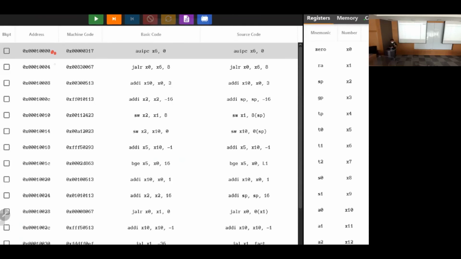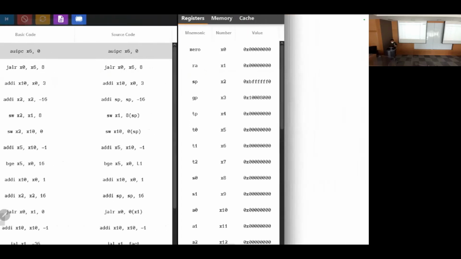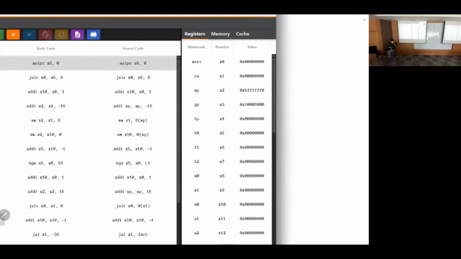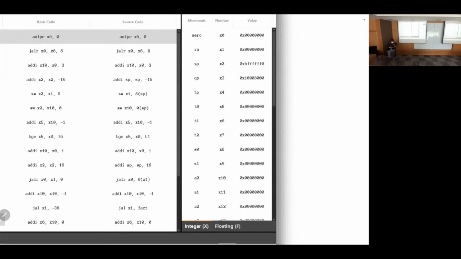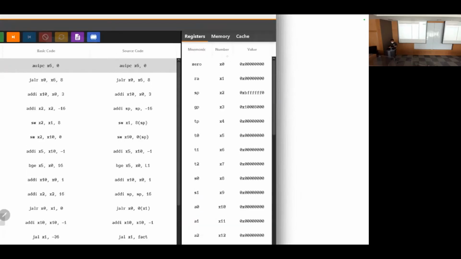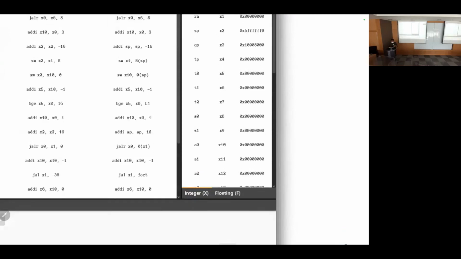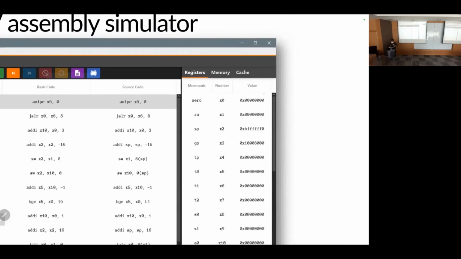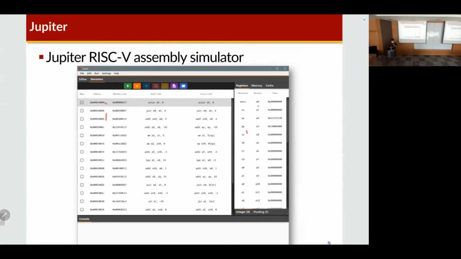The program counter is here, and also with this tool you can check the changes in the register file. You can find the register numbers X0 to X31, the different names of X0 and X1, and the values in the register file.